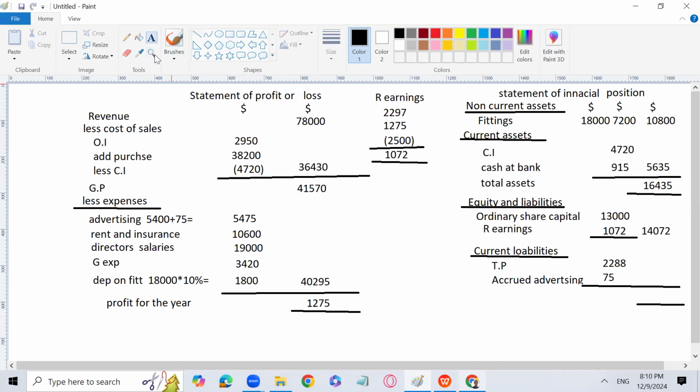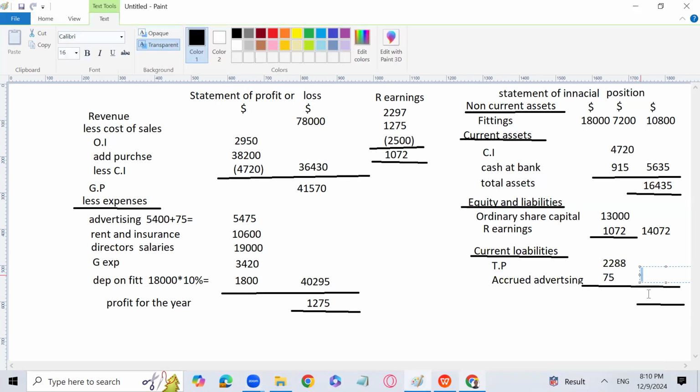The problem is this, that as the examiner wants us to prepare both the income statement and balance sheet, you have to write it first over here and then you can total it up. So that's why he kept the question quite simple, because you have to solve it within 20 minutes.